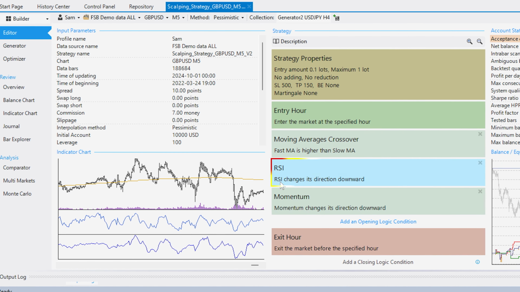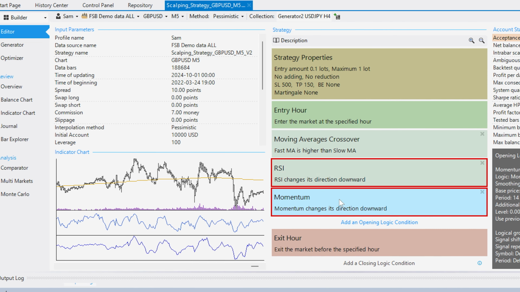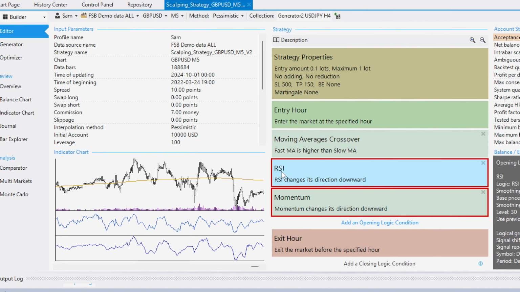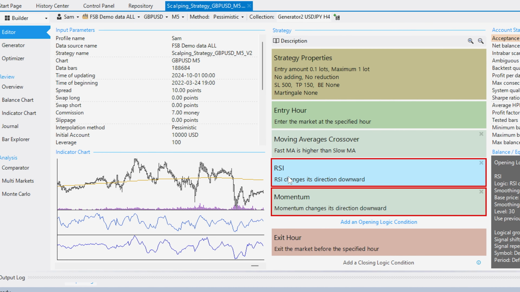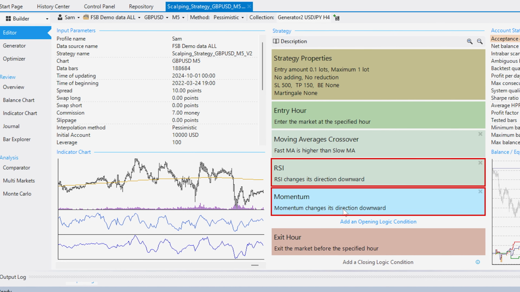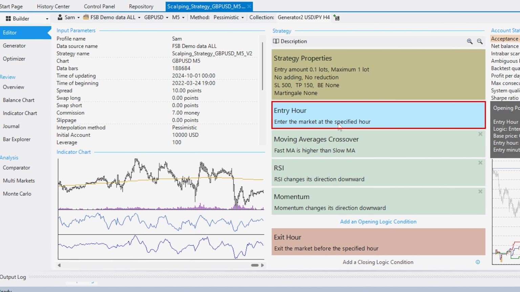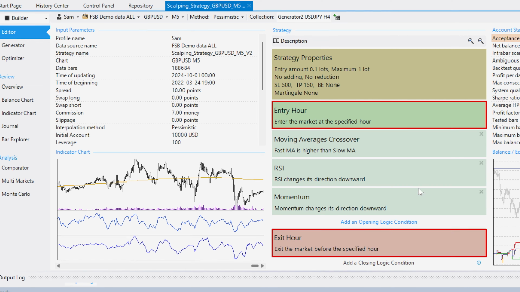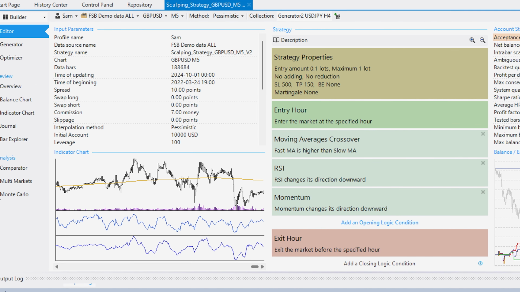Then we're using the RSI and the momentum indicator, both with default parameters, and they're both changing their direction downwards. That suggests we're getting a pullback, a dip. The market should be trending up, but we've dipped recently. So it's a good time to buy and hold for a period, and the market will go in the upwards direction and we'll take some profits. And that's how the strategy works.